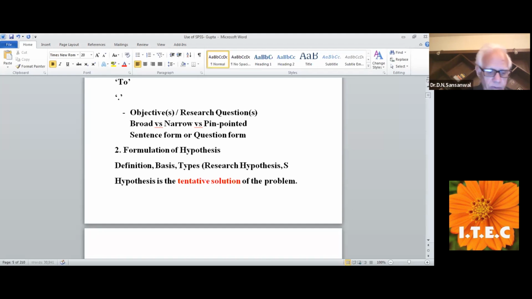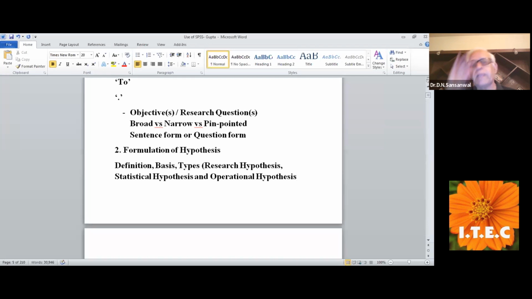Another is called statistical hypothesis. And another is called operational hypothesis. Now, these are the three types of hypotheses.